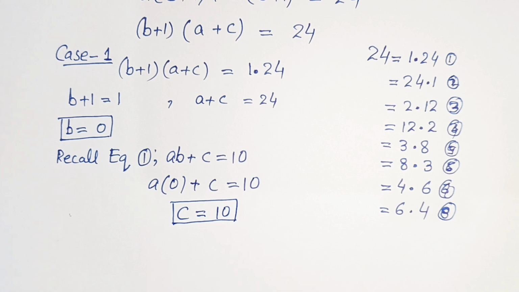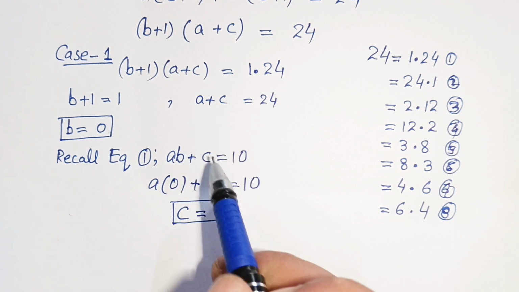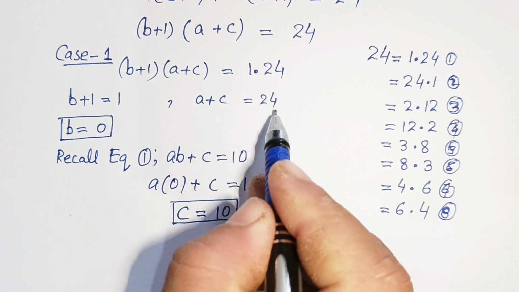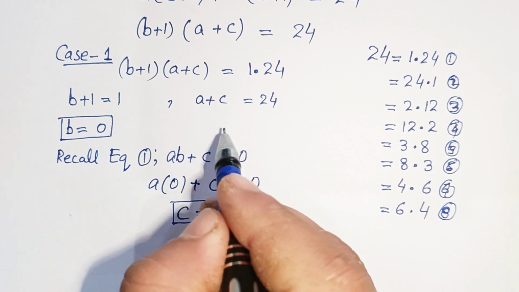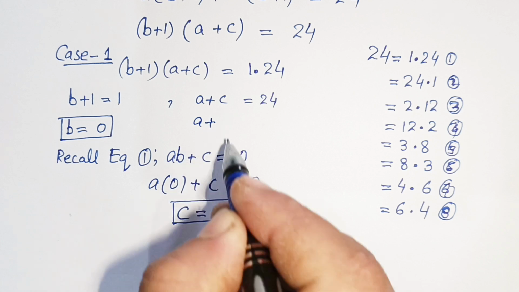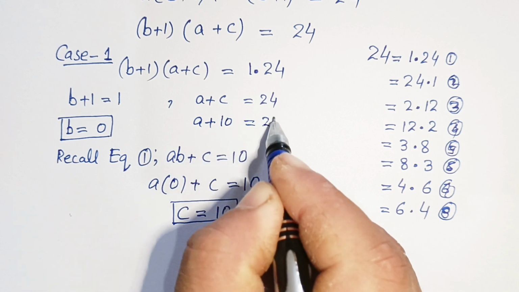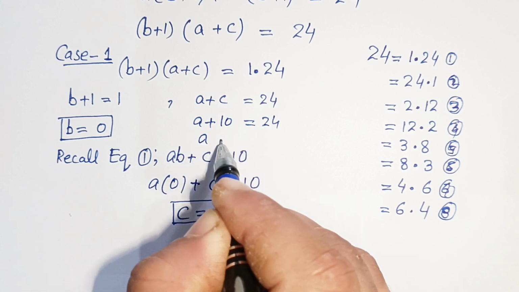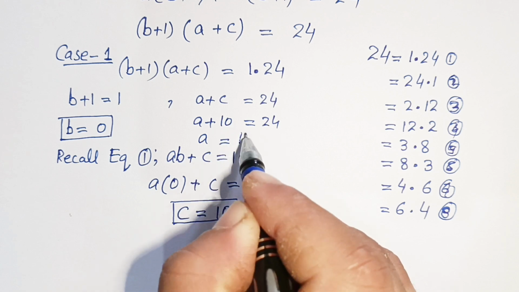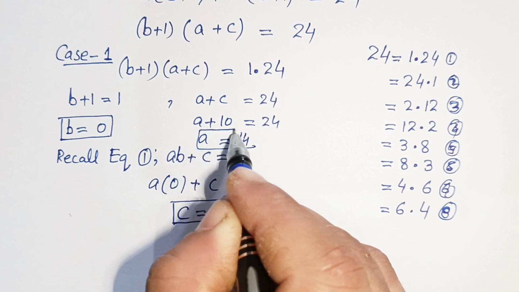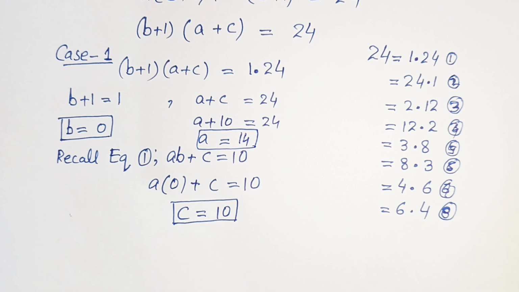Now we can also find the value of a by using this c in this equation, a plus c is equal to 24. So we have a plus the value of c, 10, is equal to 24. Here we get a is equal to 24 minus 10, which is 14. So we have three values here, a, b and c.